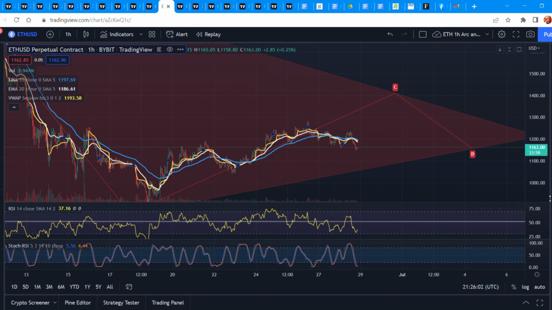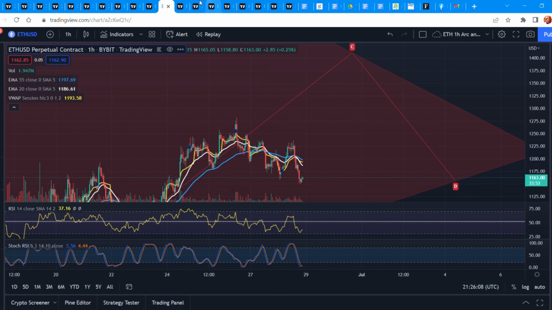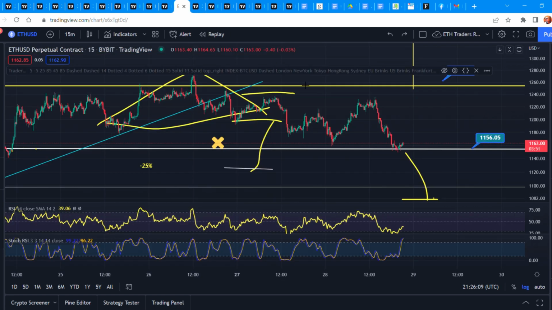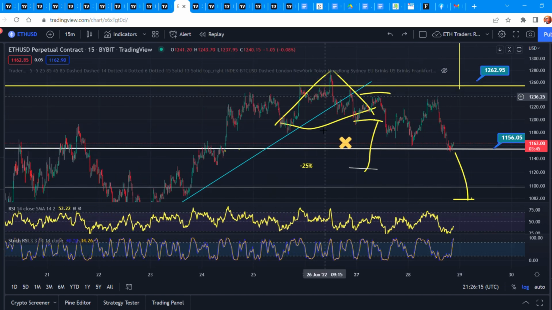The 1-hour is where I map out my patterns, and then on the 15-minute I make the same map of the same trade, and I present it to you in the morning sessions and in the New York sessions with the signals. So where would be the signals on the 15-minute, touching those support and resistance levels?